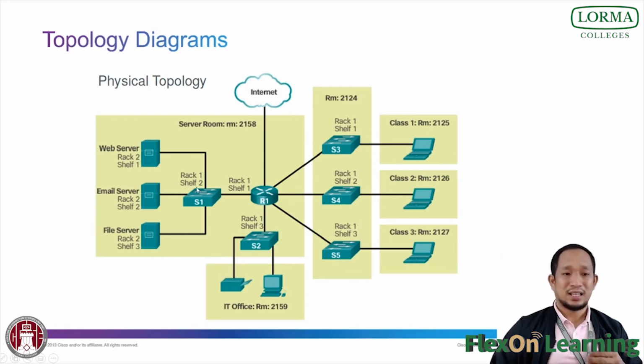This is declaring where the connection or the hardware is being placed in a physical manner. So you could automatically know where you're going to check the hardware of your web server. Same too with your switch, your router, your computers. So for this example, it's from the IT office, room 2159. And you can see on the other ends, almost the same. Now that's for physical topology.